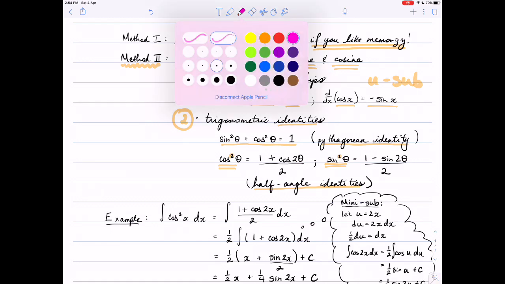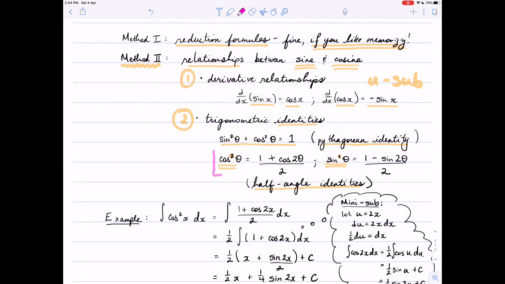So cos squared theta is equal to 1 plus cos of 2 theta, all divided by 2. And sine squared theta is equal to 1 minus cos of 2 theta, all divided by 2.